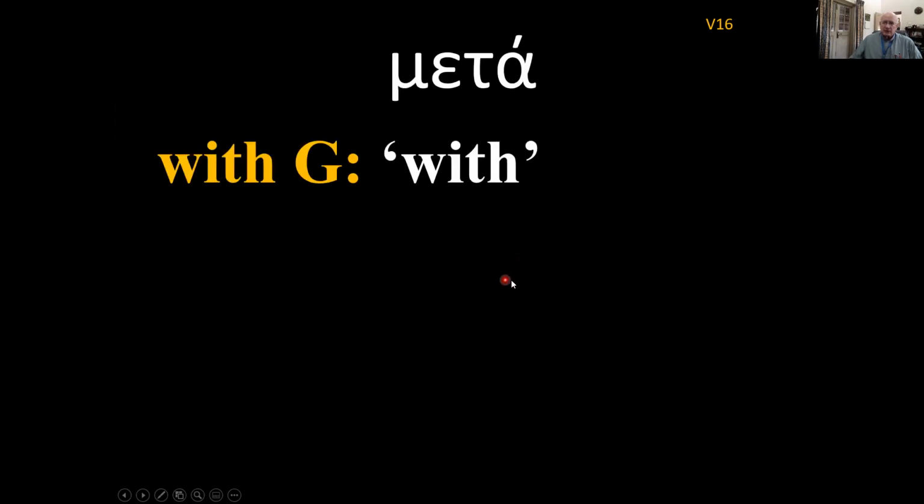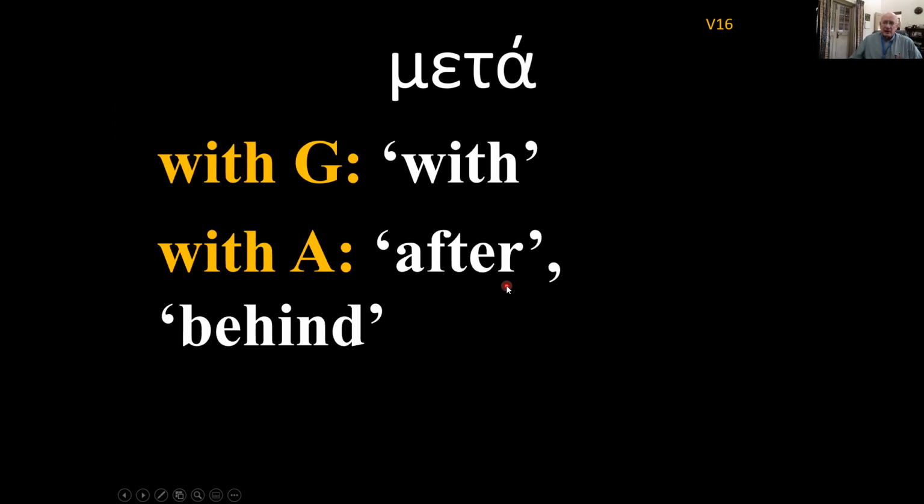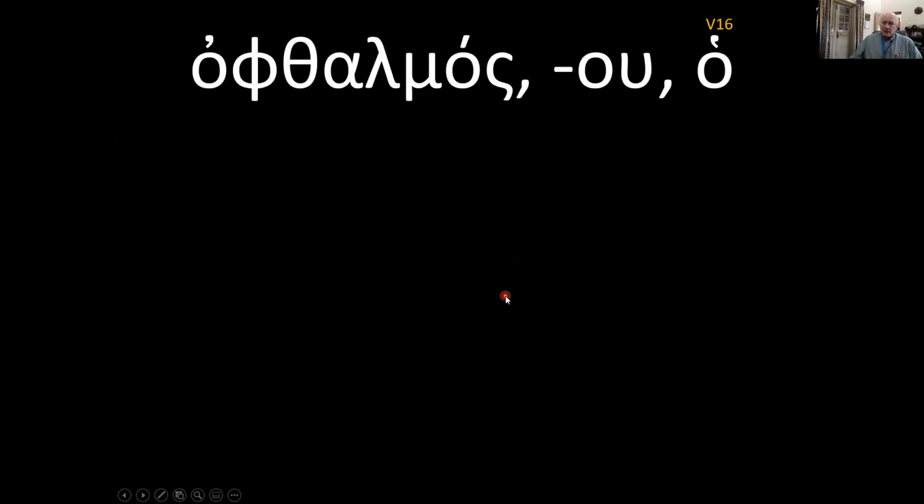Meta, with the genitive with, and with the accusative after or behind, a new preposition. This word ophthalmos should cause us no problem. When we go to the eye doctor, we often go to an ophthalmologist, and that's where it comes from, the Greek word for eye, ophthalmos. It's a second declension, easy to learn.